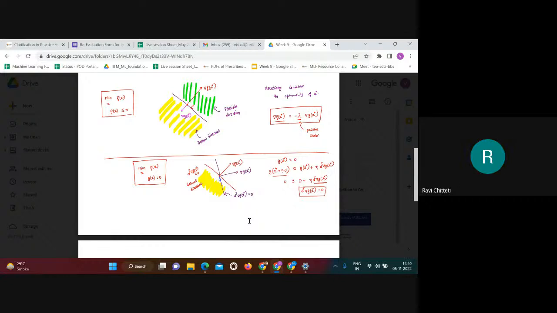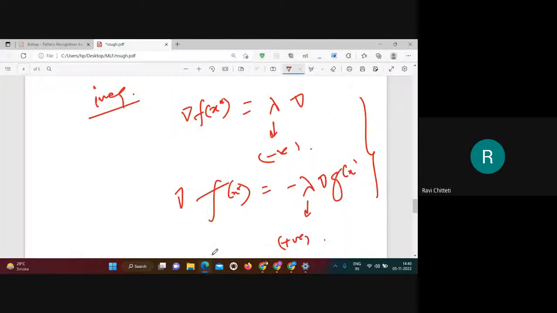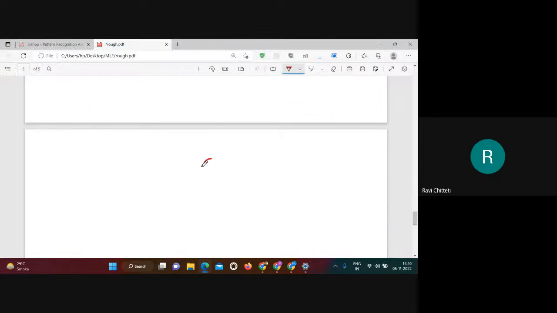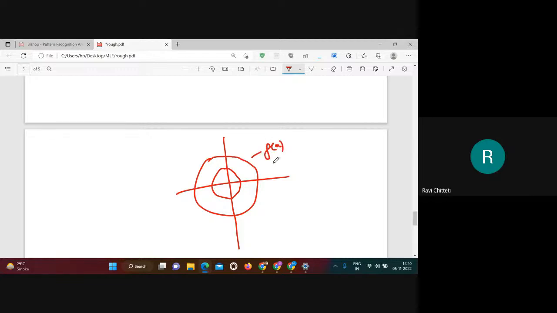Let's take two concentric circles: x1 squared plus x2 squared is equal to 2, and x1 squared plus x2 squared is equal to 6. Just for theoretical aspects, one is f(x), the other is g(x). The gradient is going to be 2x1 and 2x2 for both of them.